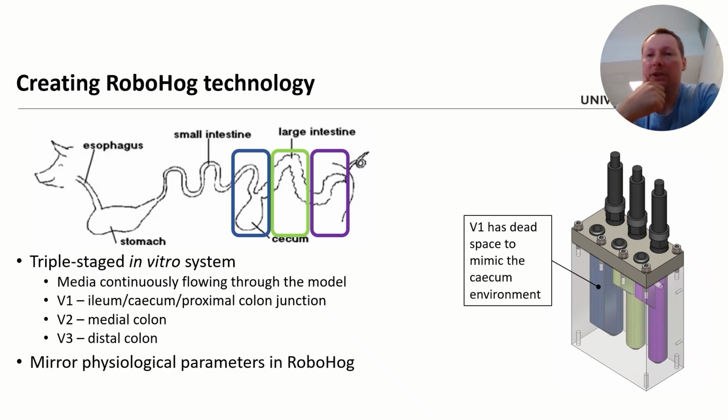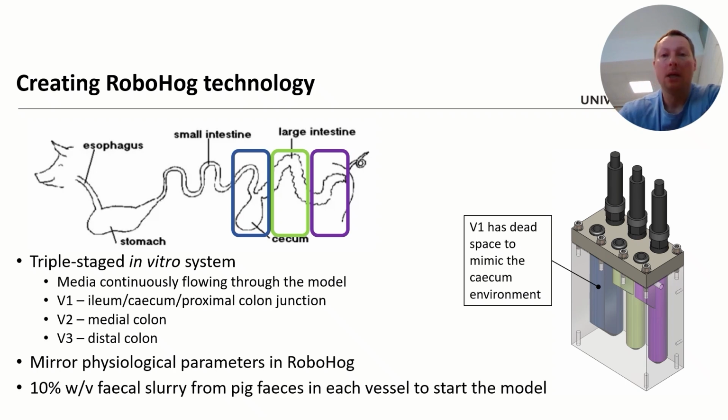And we wanted to mirror these physiological parameters in RoboHog that I mentioned before. So this pH gradient, there's temperature, but also, because of the different size ratios between vessels 1, 2, and 3, the retention time as well. Now, like all good microbiome models, we want to establish a complex microbiome in them.